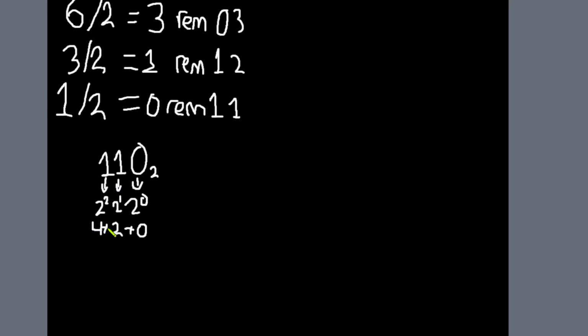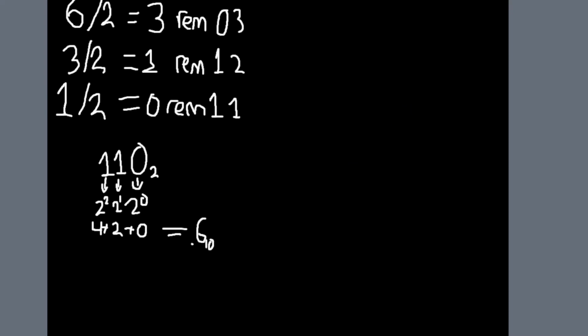And as you can see, 4 plus 2 plus 0 is equal to 6 base 10. So really easy. Don't sweat it. We're just going to do this, and we're going to make this in Python. This whole process may seem daunting, but it's really easy.